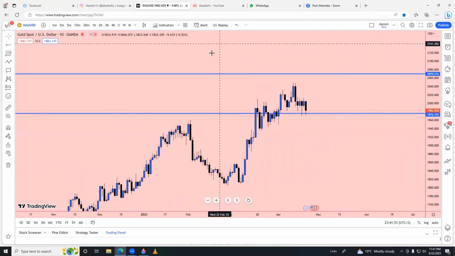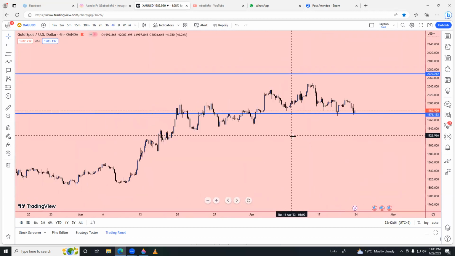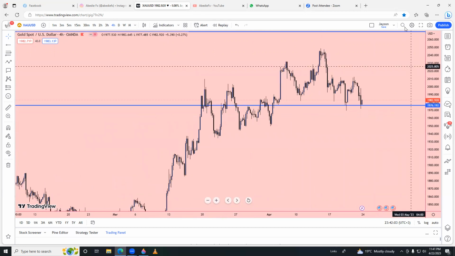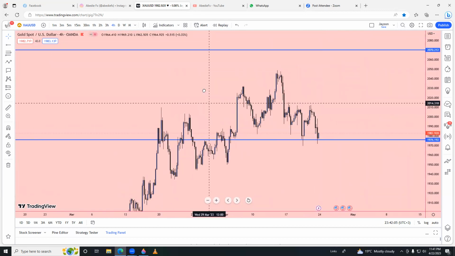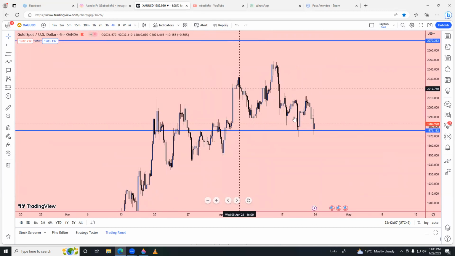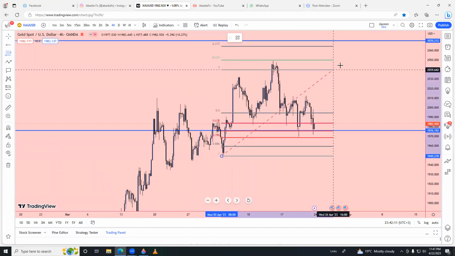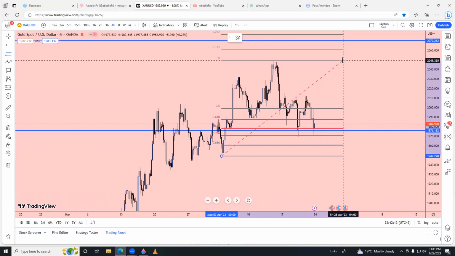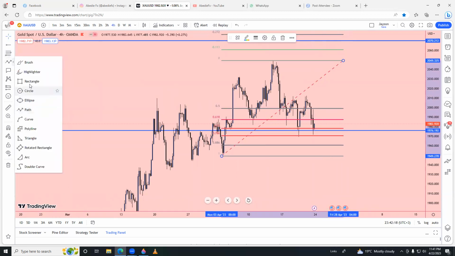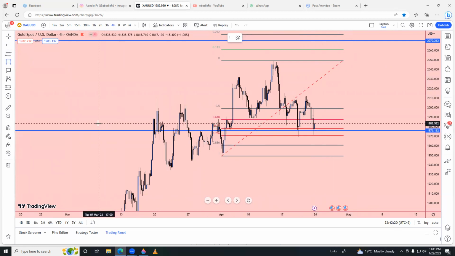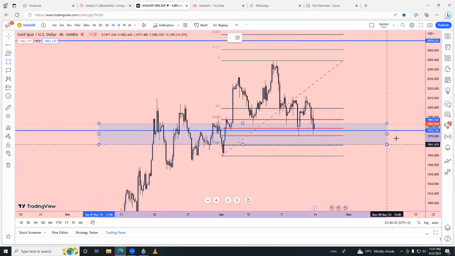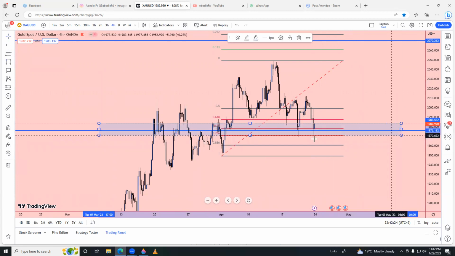Okay, so the other one was fib levels. The fib levels you can check like the previous lows, the lows before they move up. So we can take a fib from this level to the high, and we are rejecting on the sweet spot, which is this level between 78 and 61.